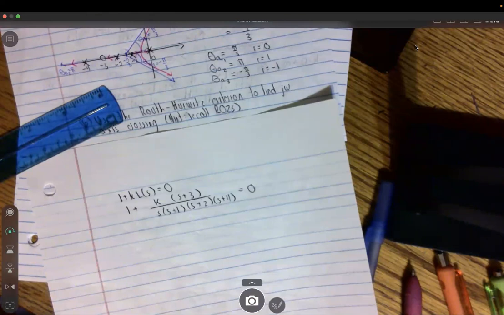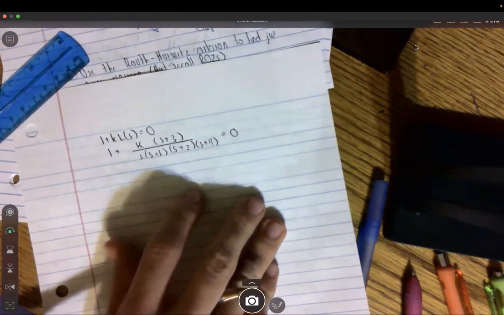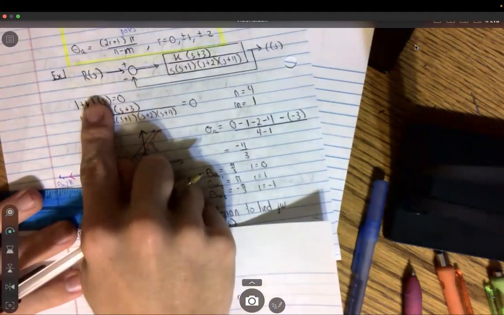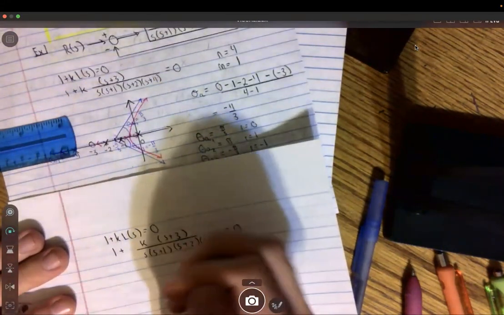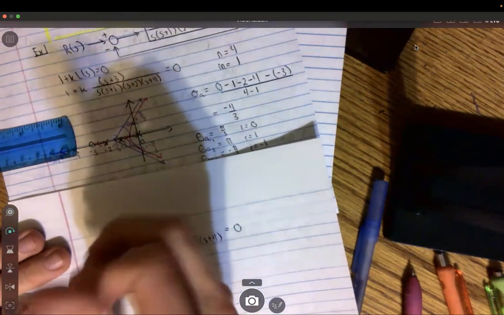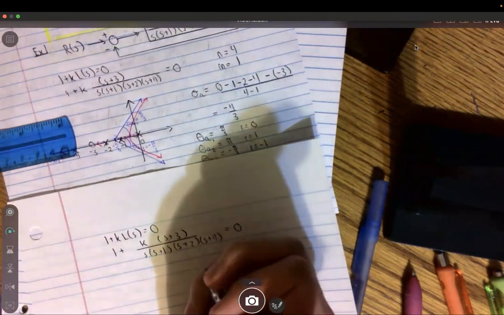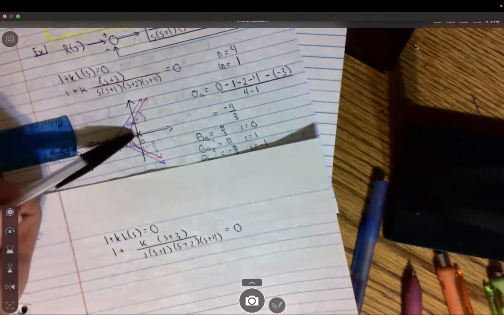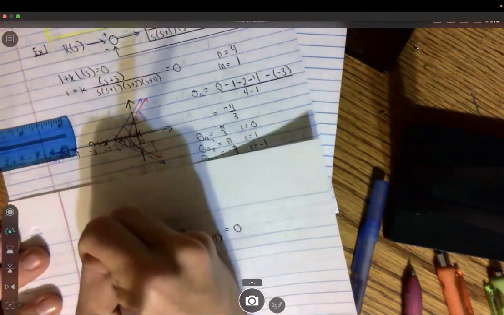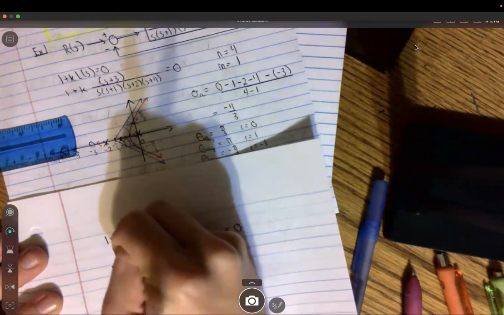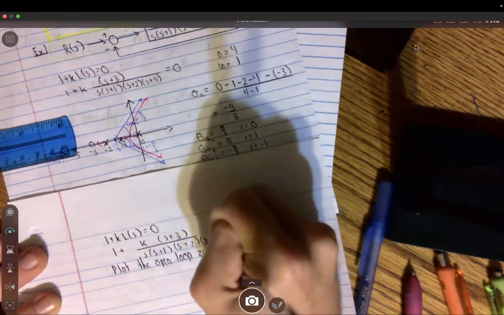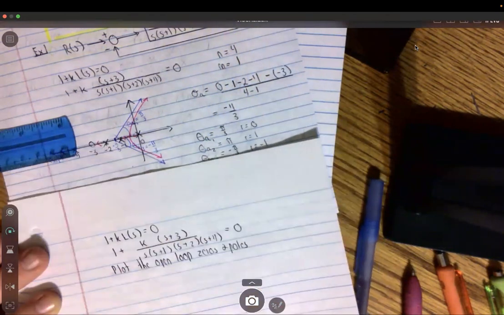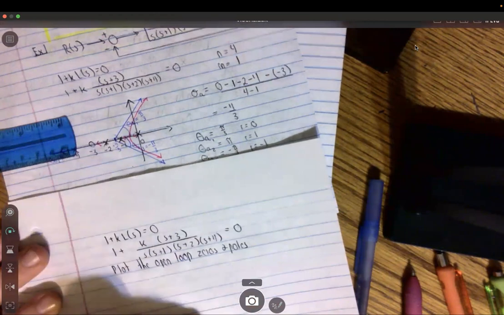When you need to use the Routh-Hurwitz criterion, remember, this is looking at our open loop gain, 1 plus K L of S is equal to 0. After we got this, we plotted our zeros and poles because this is for the open loop. That's what we're able to plot, our open loop zeros and poles. And from that, you're able to make your graph.